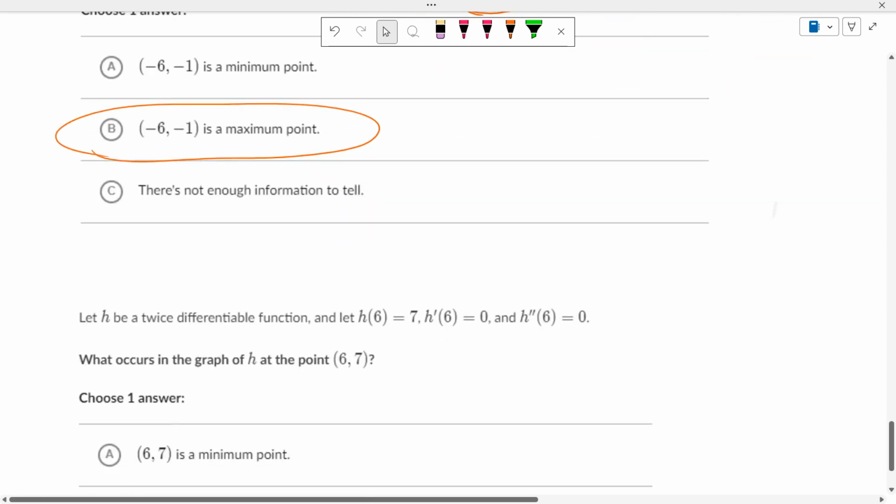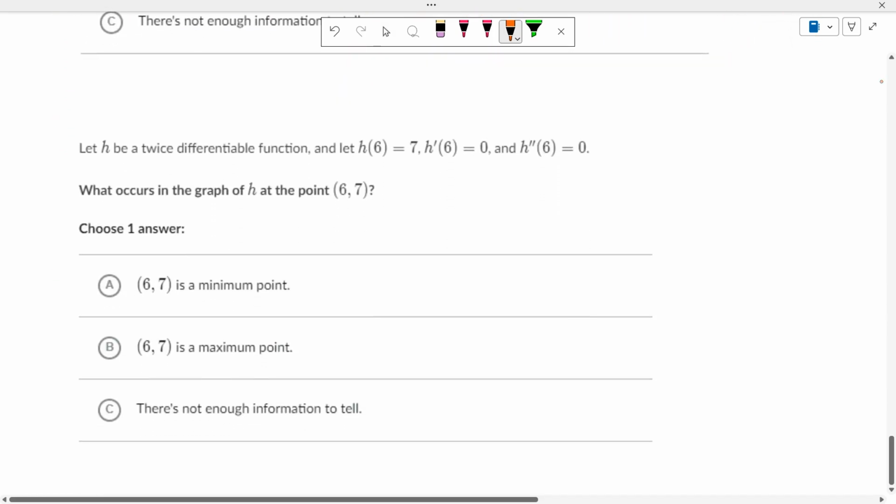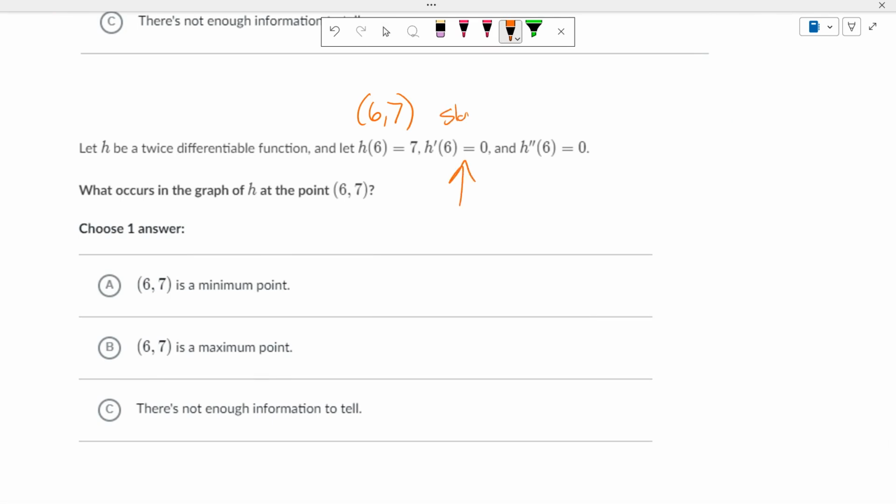Okay, let's do another one of those. We're talking about the point 6, 7. The first derivative is 0, so that means it's a min or a max. And the second derivative is 0, so that means it's a point of inflection. Okay? So what happens here is it's like this.